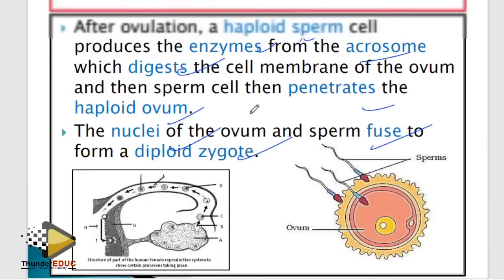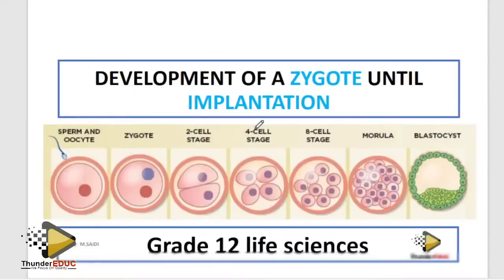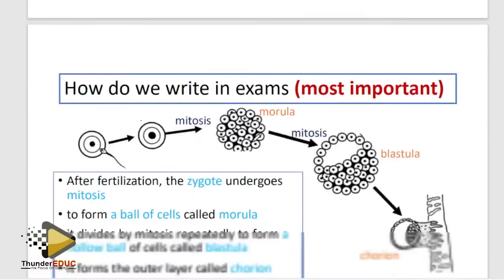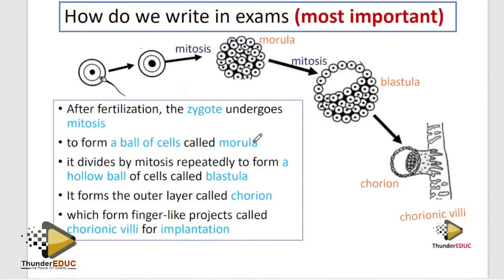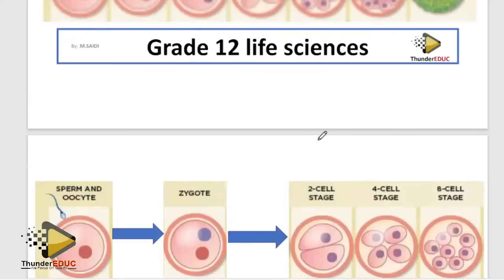So fertilization is cool now, guys. Make sure that you get it. This is where the problem comes from. When they bring 6 marks here, you see someone is failing to get it. When they ask you to explain what happens after fertilization, please don't include the process of fertilization.